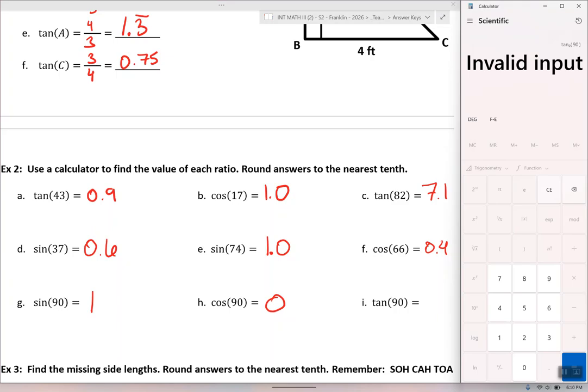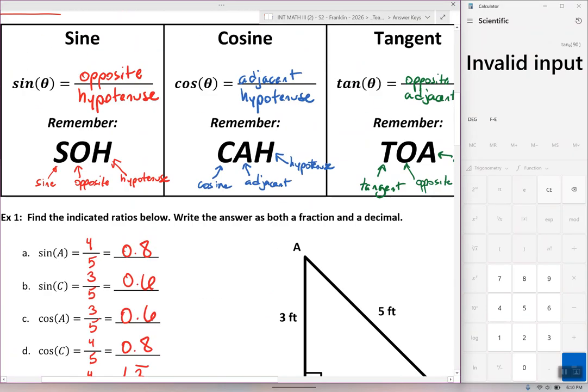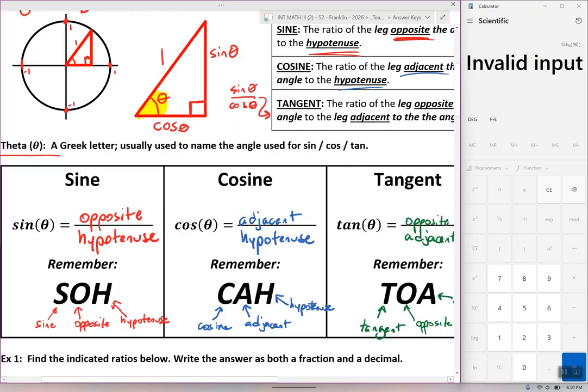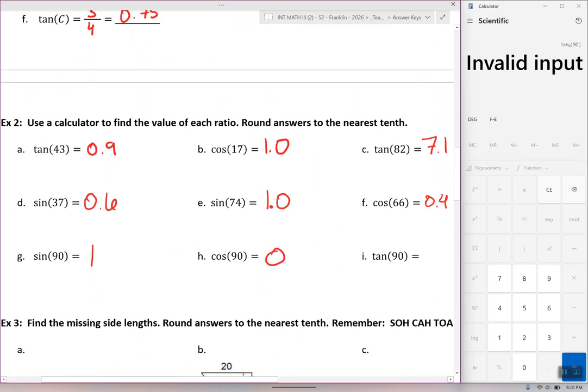And that's because if you remember what we said up here about tangent, it's sine over cosine. And so we're doing 90 degrees here. And if you have 1 over 0, that doesn't work. So there is no tangent at 90. You can put the empty set symbol or no solution or NA, or it doesn't work because you can't divide by 0. So that tangent function at 90 degrees doesn't exist.